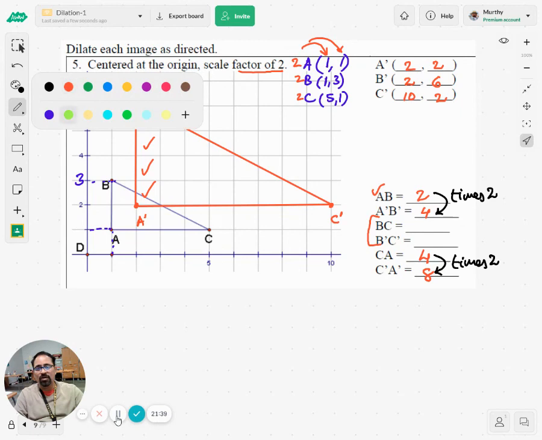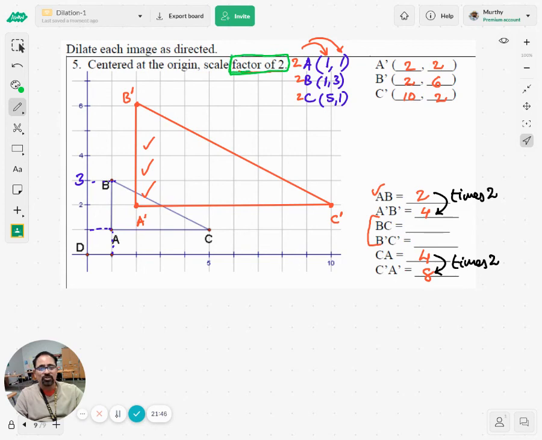The scale factor is 2, so the line segments are also proportionately increased, that is enlarged. Anyhow, BC and B prime, C prime, I did not measure it as I'm doing this digitally. If you do it on paper, you can check it, or else you can use distance formula.